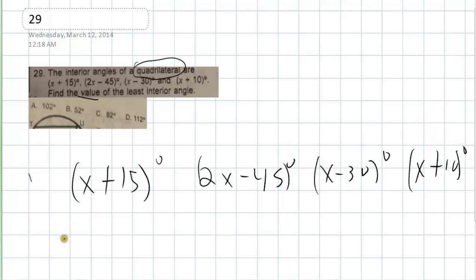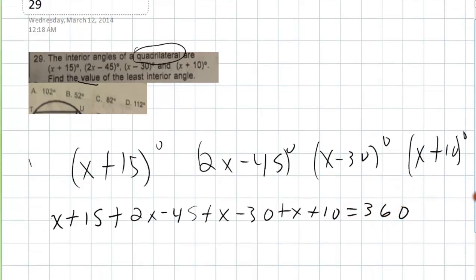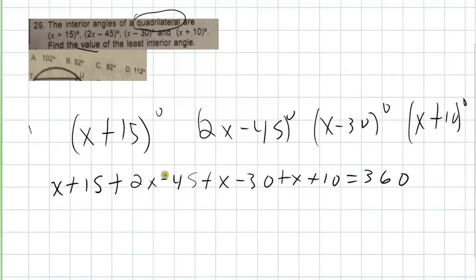So that means that we can take x plus 15 plus 2x minus 45 plus x minus 30 plus x plus 10, and we can just set this equal to 360. And when we solve for x, that can help us to get closer to our answer.